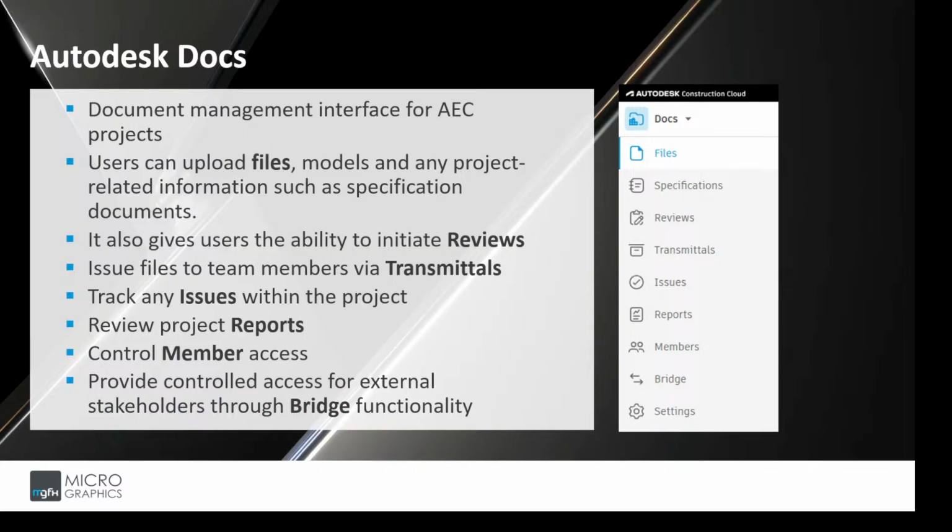It enforces version control, ensuring that project teams always access the most current information, which helps reduce errors and rework caused by outdated drawings. It maintains a comprehensive audit trail of all activities. It also has review and approval workflows to streamline project management.